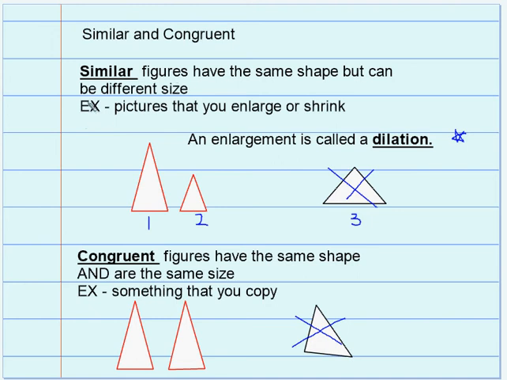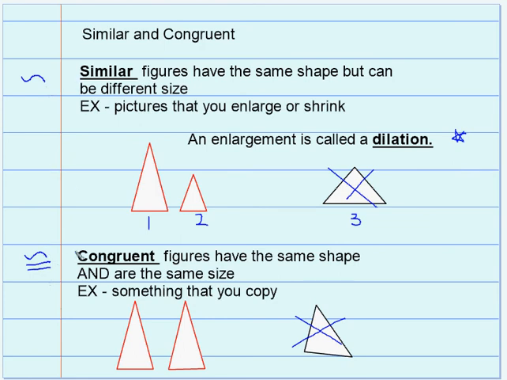The symbols, similar and congruent, have symbols. Similar is going to look like this, and congruent is going to look like this with an equal sign under it. Okay, so you'll have problems that tell you that triangle ABC is similar to triangle XYZ, but they'll use this symbol. So you need to know that that symbol means similar and that this symbol means congruent.